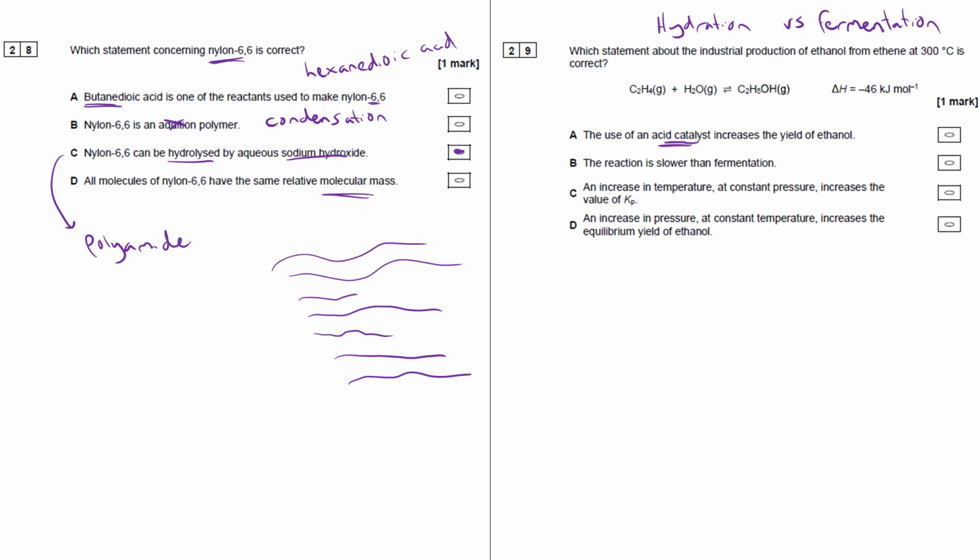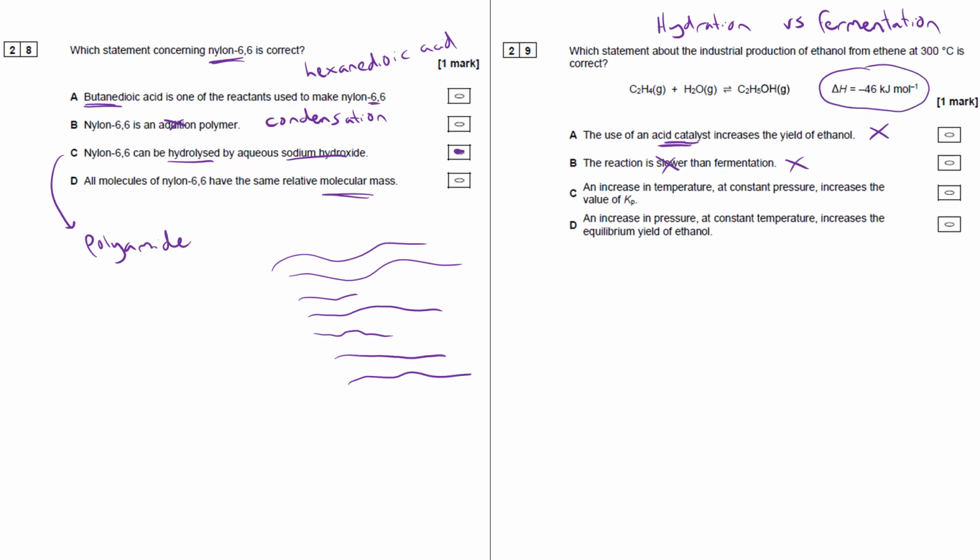If you add a catalyst, does that affect the position of equilibrium? It doesn't, so therefore the yield would not change. The catalyst would just increase the rate, it wouldn't increase the yield. This is a very fast reaction. Fermentation takes days, hydration takes seconds, so the reaction is faster than fermentation.